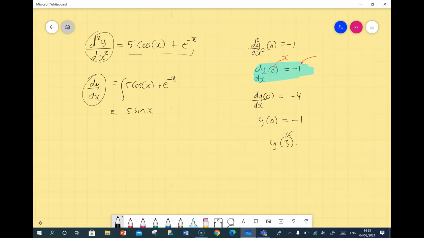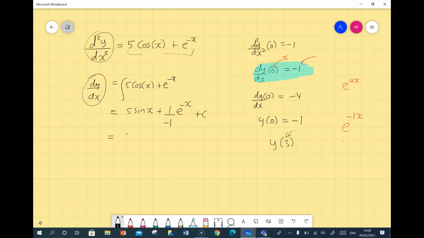Now, integrating e to the power of minus x. Remember, e to the power of minus x is e to the power of minus 1x. So look up your formula for integrating e to the ax. It's 1 over a, so it'll be plus 1 over minus 1, e to the power of minus x, plus c.